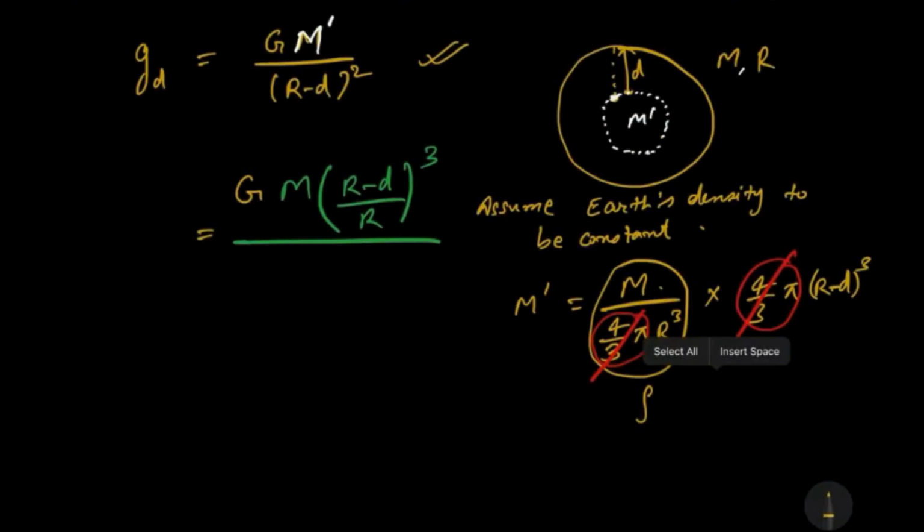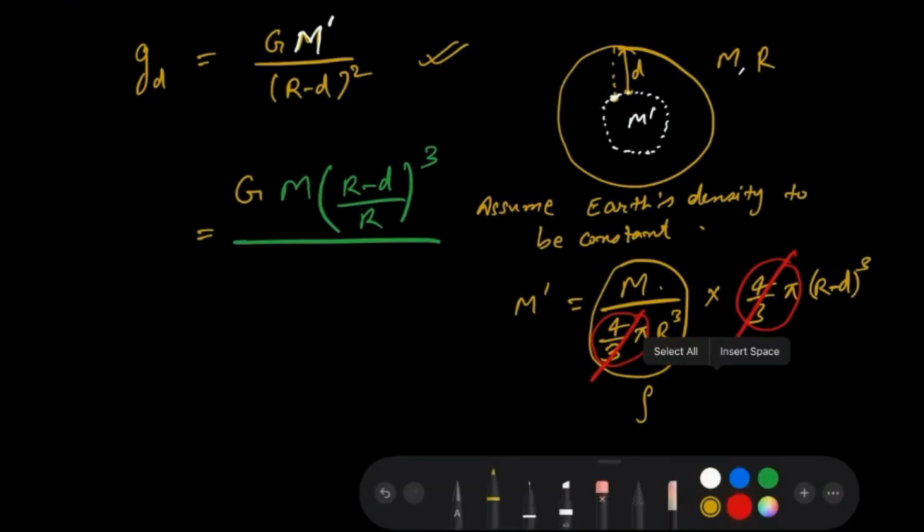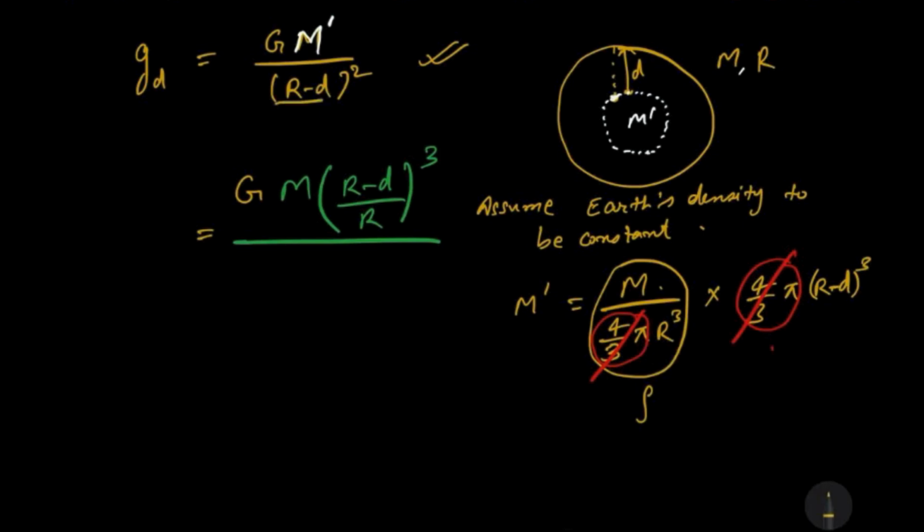That's how we have taken care of the numerator. Do you see that? It's G, but not the original mass of the Earth, only that white part of the Earth. But there was already some denominator, this one, we shouldn't miss that, (R minus d) whole square. Simplify this quickly and let me know what you are getting.